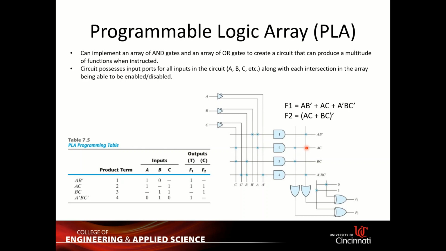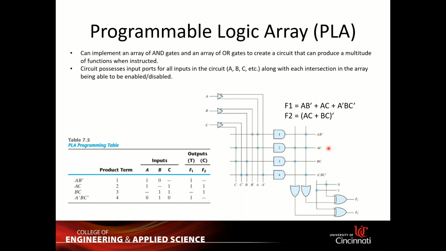So first you have to make your min terms. So this one, what is the function of this? This one says AB naught, okay, plus AC plus A naught BC naught. So you have to make AB naught using here. So A, okay, come in, B naught, come in.